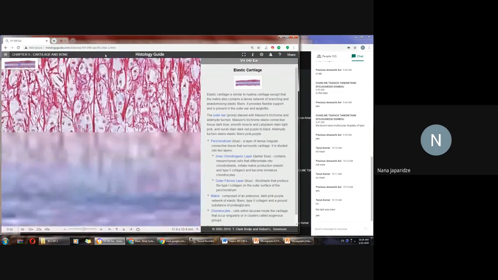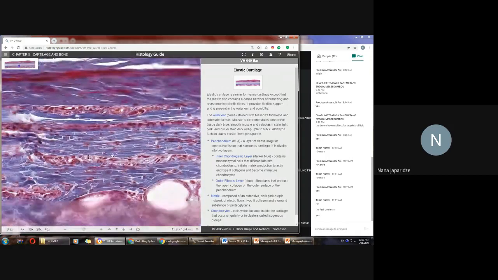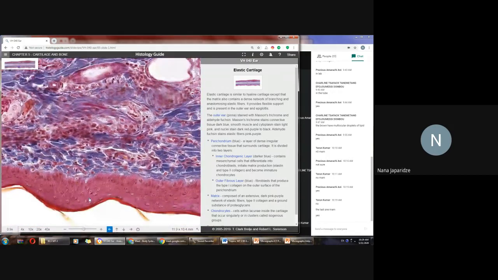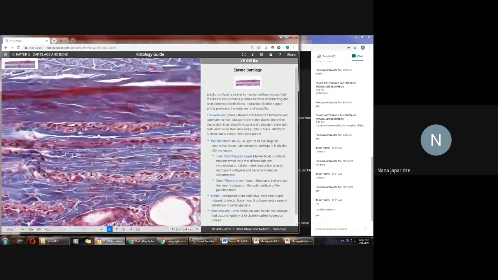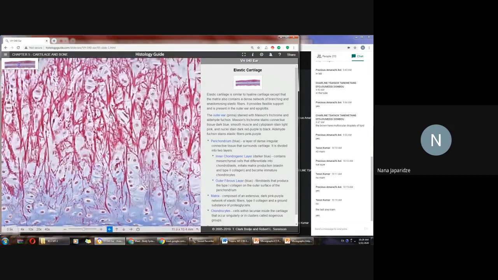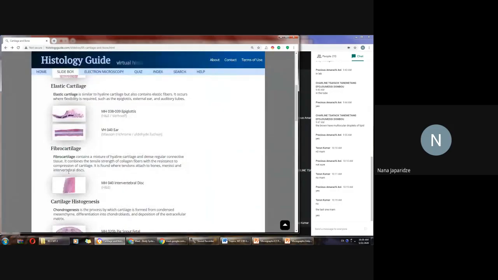But what is in the fibrocartilage? Look, this is epithelium, this is skin. In the fibrocartilage, we have no perichondrium. In the fibrocartilage, you can see collagen type 1 together with collagen type 2.